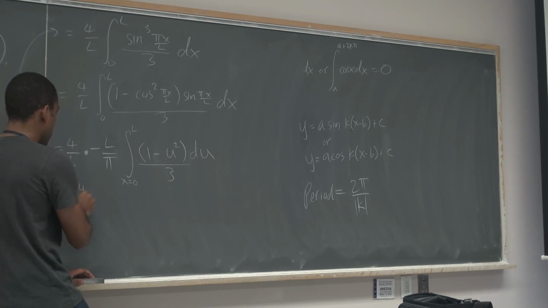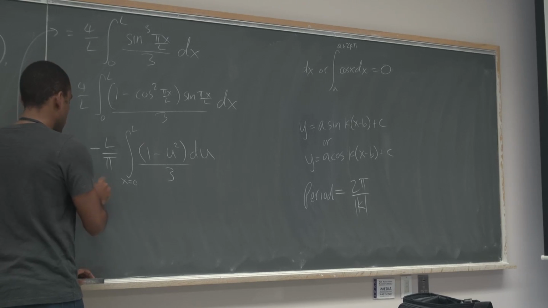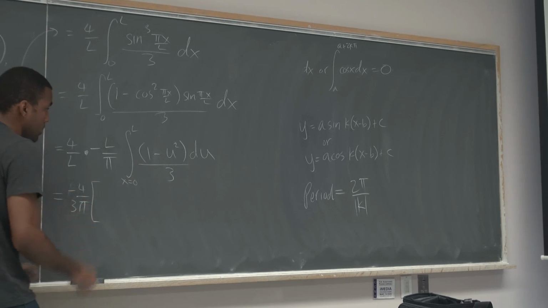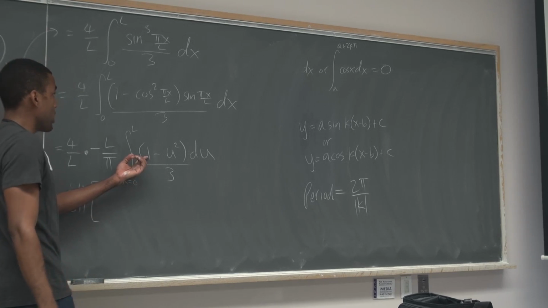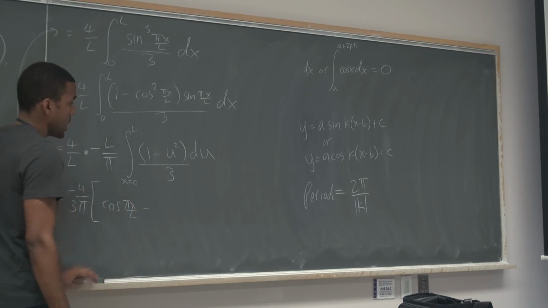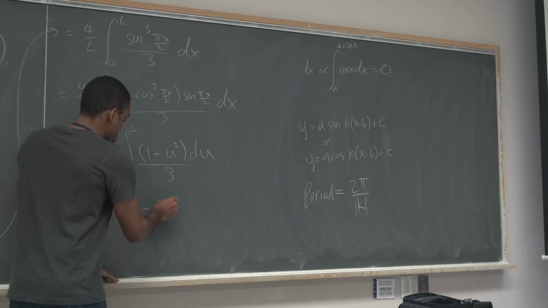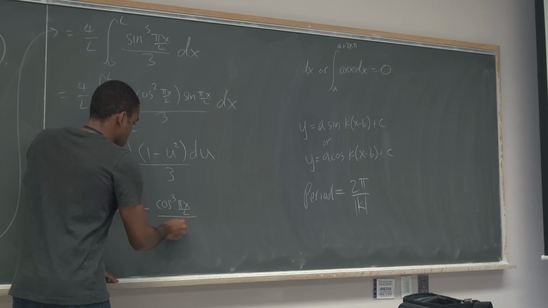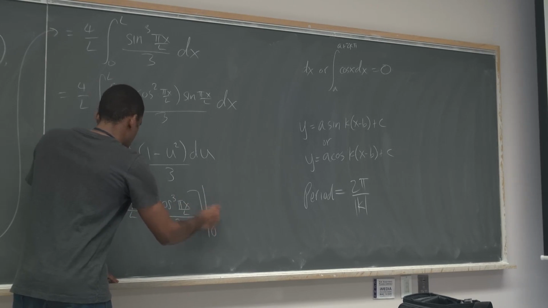I have minus 4 over 3 pi. Integrate 1, I would get u. My u is actually cosine, so this is just cosine pi x over L, minus, integrate this, I would get cosine cubed pi x over L over 3.